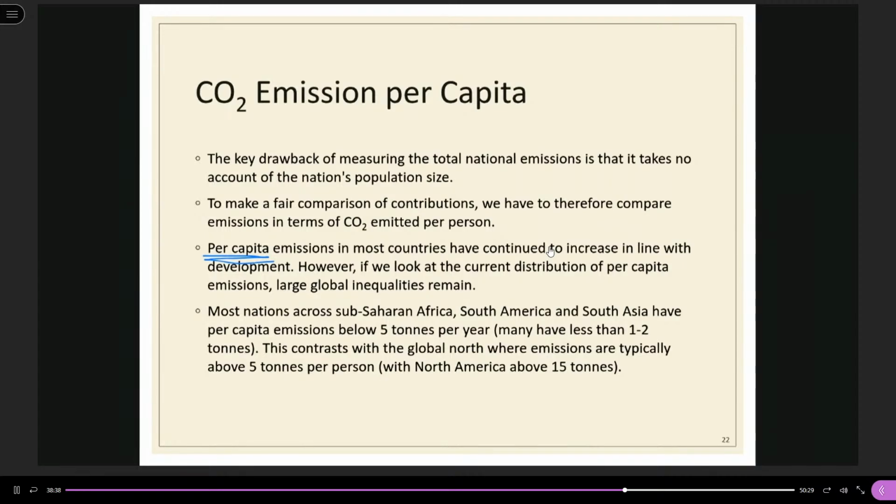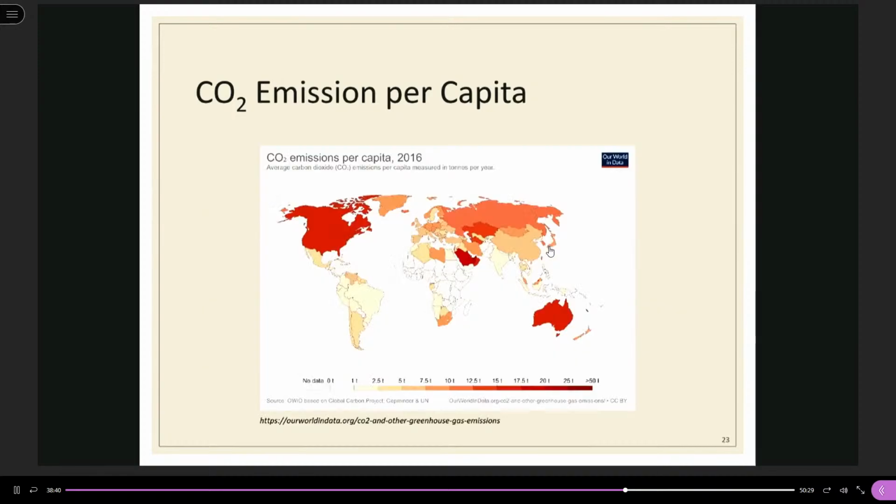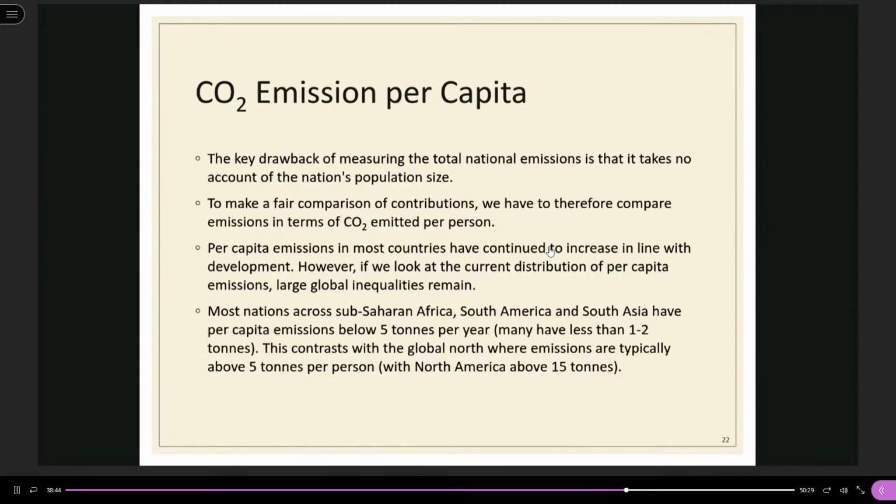In this figure, this is the per capita emission. Most nations across sub-Saharan Africa, Southern Africa, and South Asia have per capita emissions below 5 tons per year.